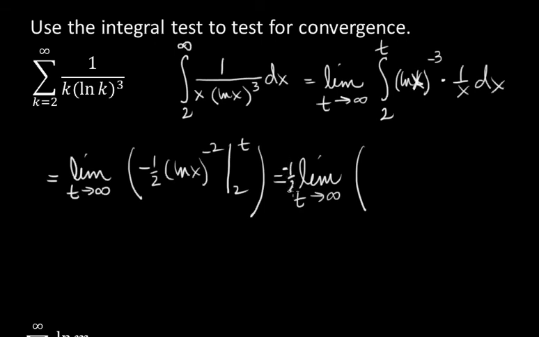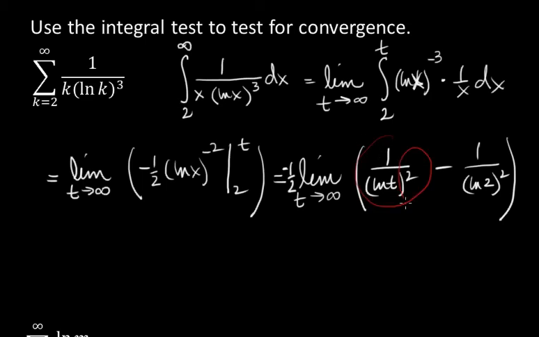Okay, so now it's going to be 1 over natural log t squared minus 1 over natural log 2 squared. And I know that 1 over natural log t squared, the only thing that involves t at all, is going to 0. So this is a finite limit.